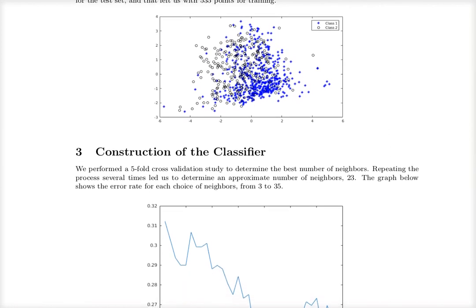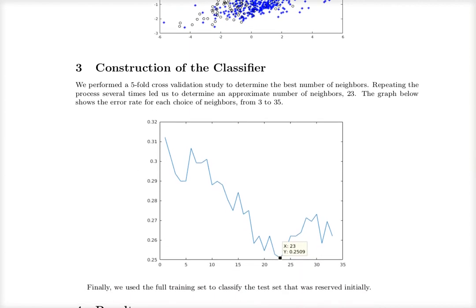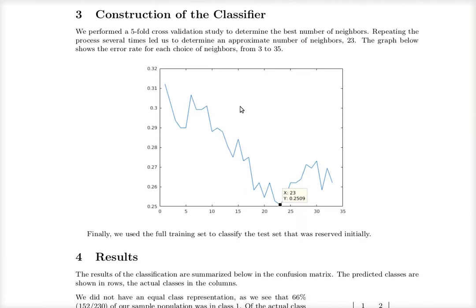Then you're going to perform a 5-fold cross-validation to determine the best number of neighbors. I found out that the best number of neighbors in this example was 23. You can see it down here. I was computing it for 3 to 35.